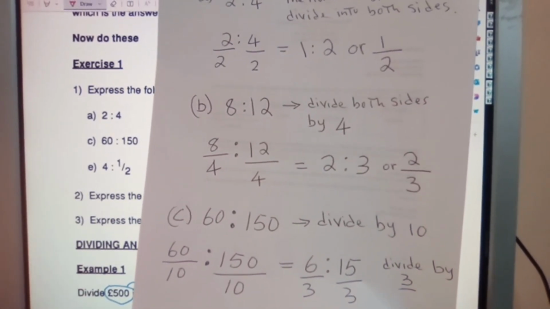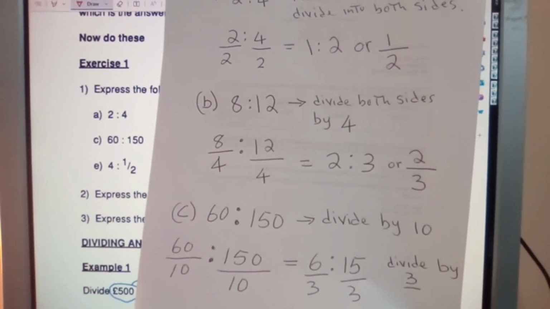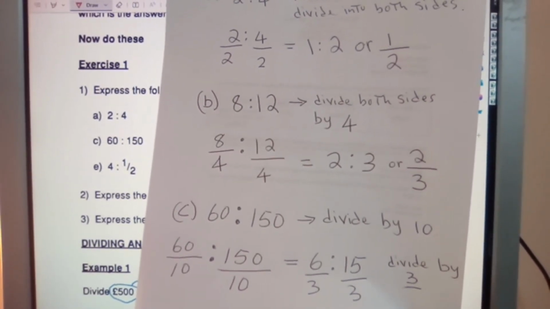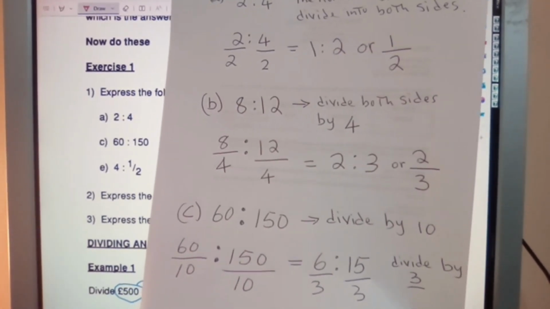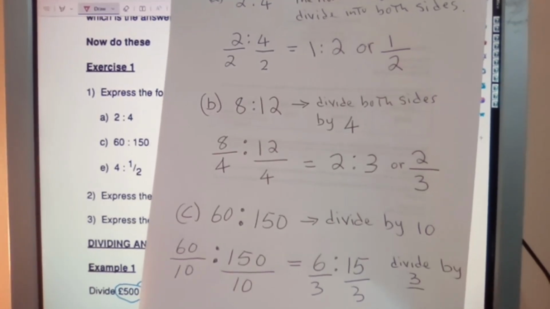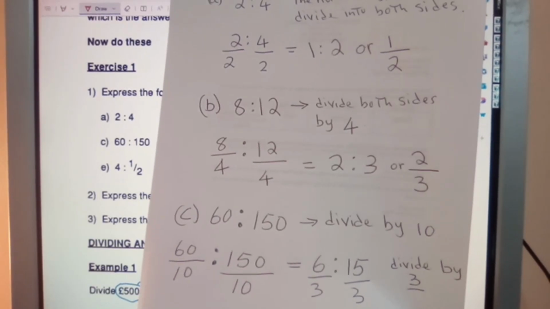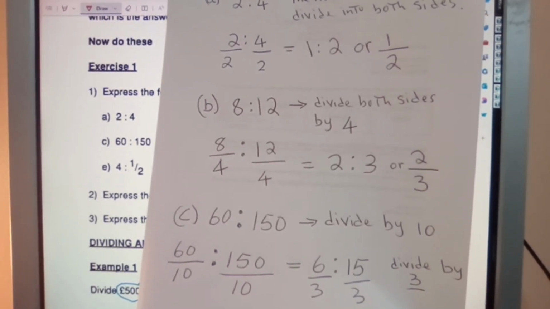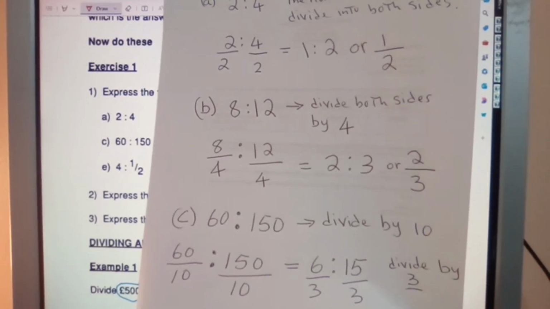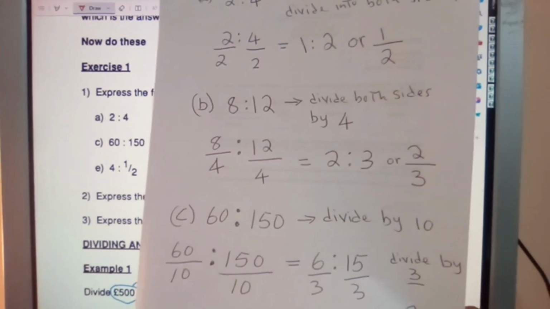That gives me 6. Divide 150 by 10, that gives me 15. Therefore, at this point in time, it's 6 to the ratio of 15, but I need it in its lowest terms. Divide by 3. 3 into 6 goes 2, and 3 into 15 goes 5 times. Therefore, it's 2 to the ratio of 5, or 2/5.